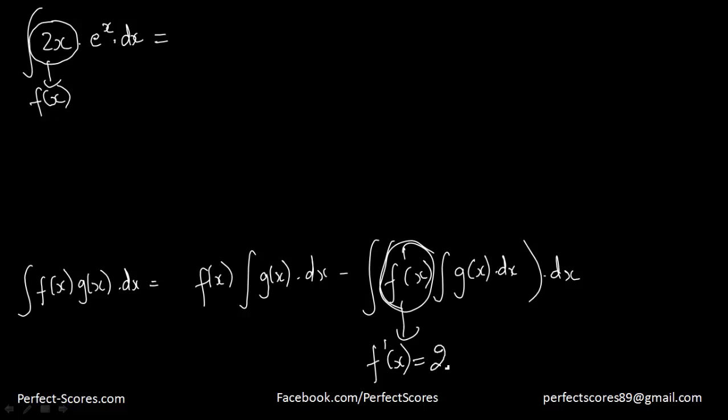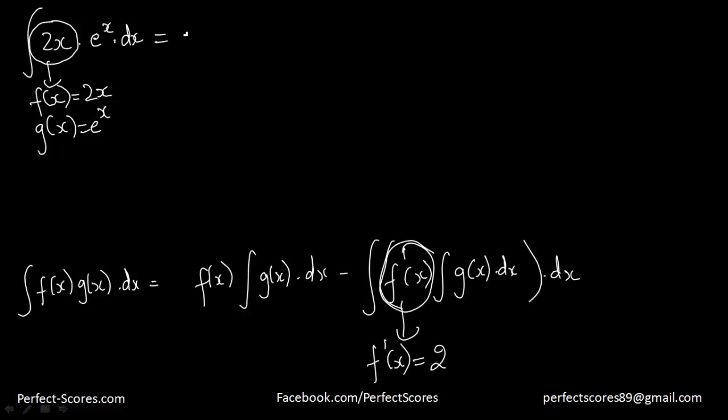So what will I do? I'll be able to reduce this function, isn't it? I'll be able to eliminate the value of x. So the same thing here to do is take f of x to be equal to 2x and g of x to be equal to e to the power x.